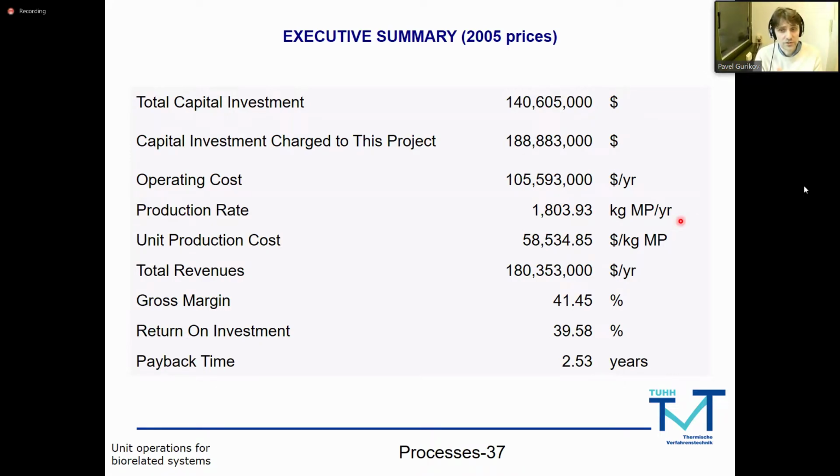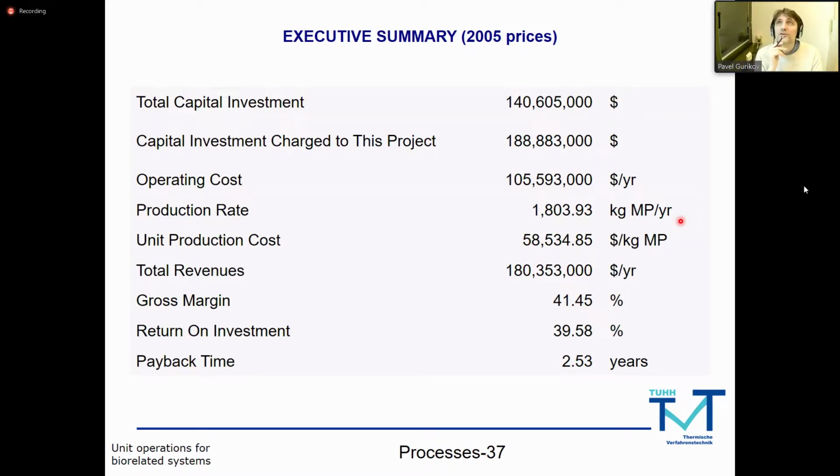Unit production costs. What is this number? I think from the units it is clear that it is the amount that we need to produce 1 kg of our product.